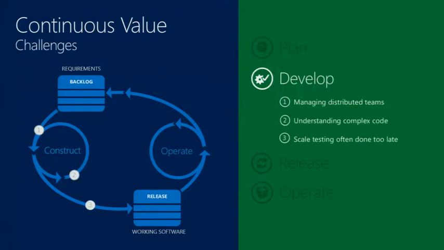Another set of challenges that Visual Studio has always sought to solve is that of helping development teams be more successful as programmers, or as programmers working with other teams of geographically distributed programmers. More often than not, most of the organizations that I work with on a daily basis are distributed teams.